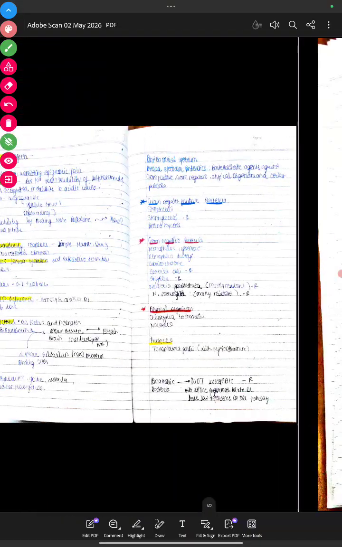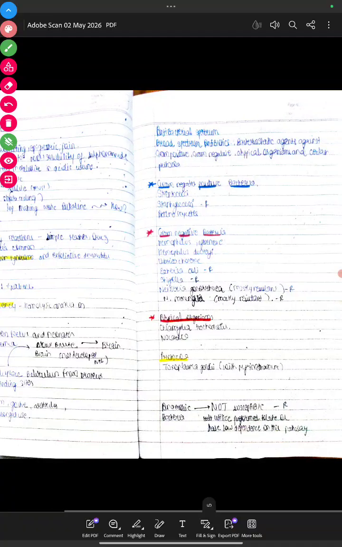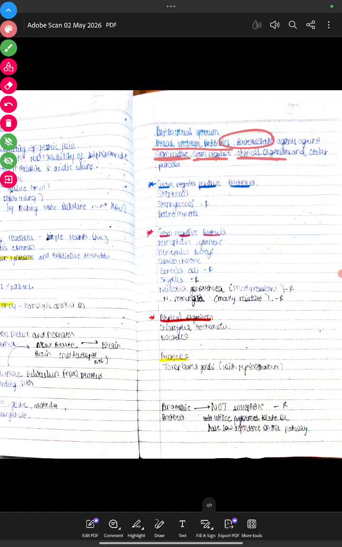So for antimicrobial spectrum we will do it in this way. See, this sulfonamide is a broad spectrum antibiotic, meaning it is a bacteriostatic agent against gram positive, gram negative, atypical, as well as some protozoa.